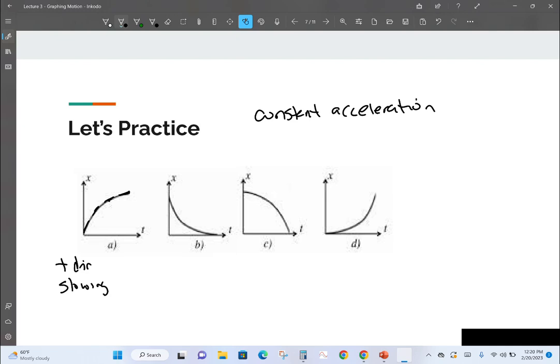It's slowing down. In this case, it starts out really steep, and it's negative. So it's moving in a negative direction, but it's slowing down because the slope is getting flatter once again.